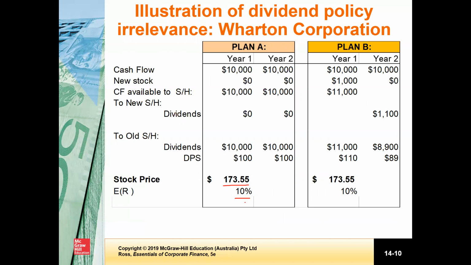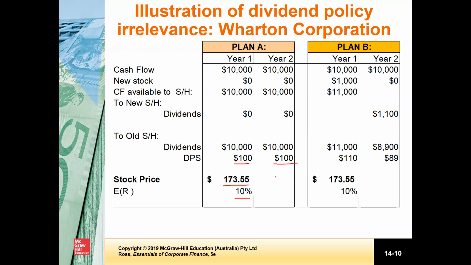As you receive a cash flow of $10,000, and you find the present value for each share, $100 per share comes at year one and $100 comes at year two. If you find their present value and sum them up, you will find that it is 173.55.